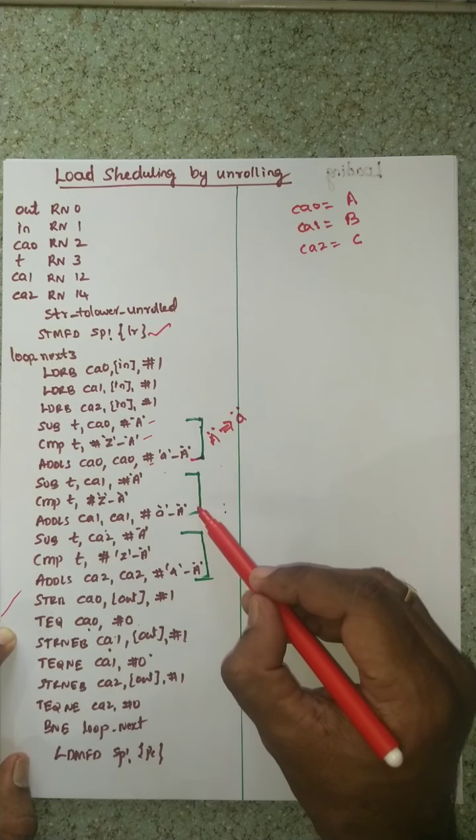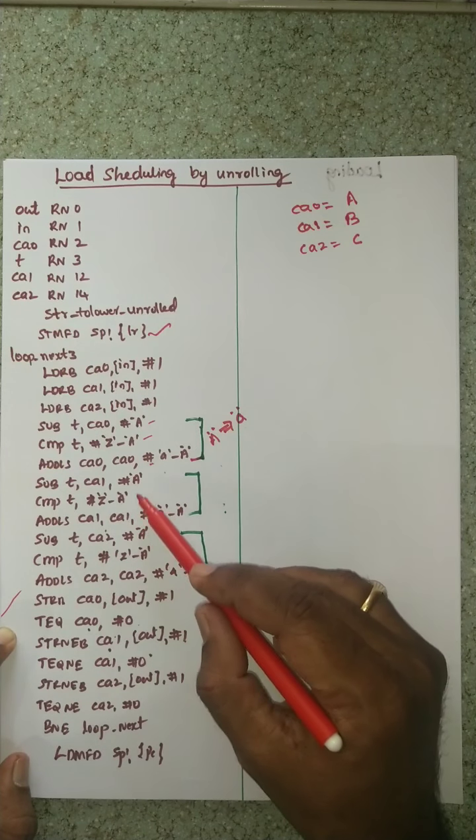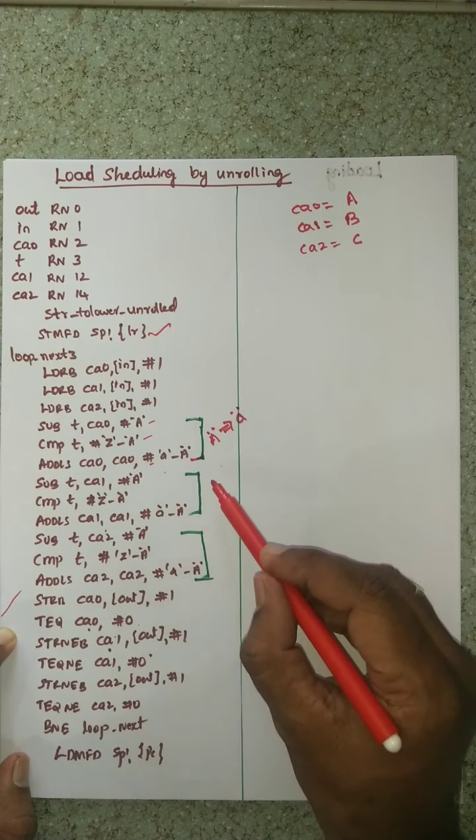This iteration of code converts the second character, a capital letter, to lowercase, and the third iteration converts capital C into small c. So the same code is repeated three times, as you can observe.